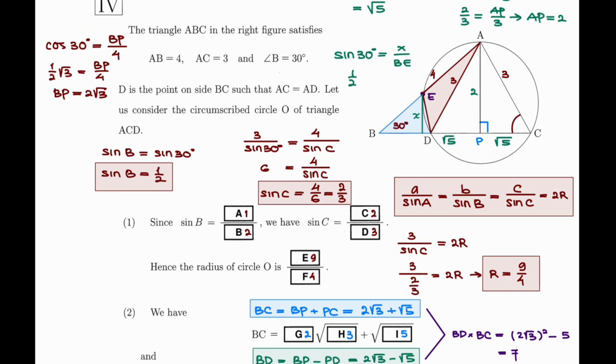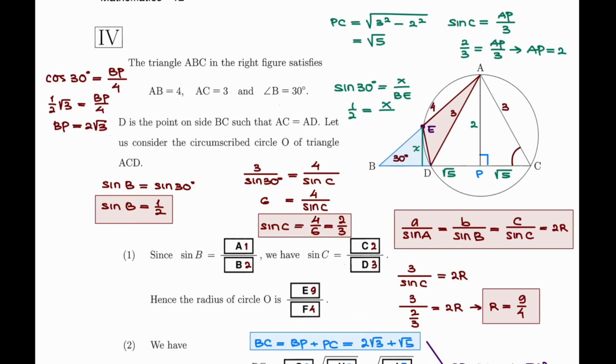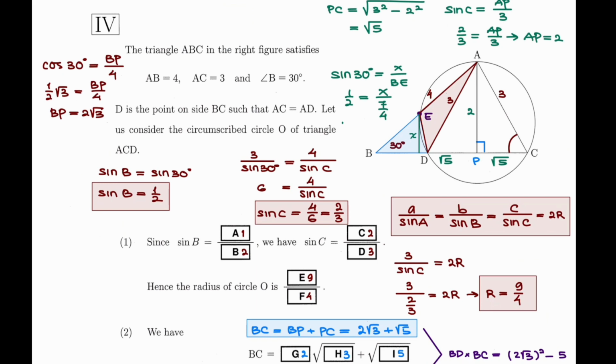Sine 30 is equal to half. My BE is 7 over 4. So x over 7 over 4. If you cross multiply, you will get x equals 7 over 8. So the height of this triangle BDE is 7 over 8.